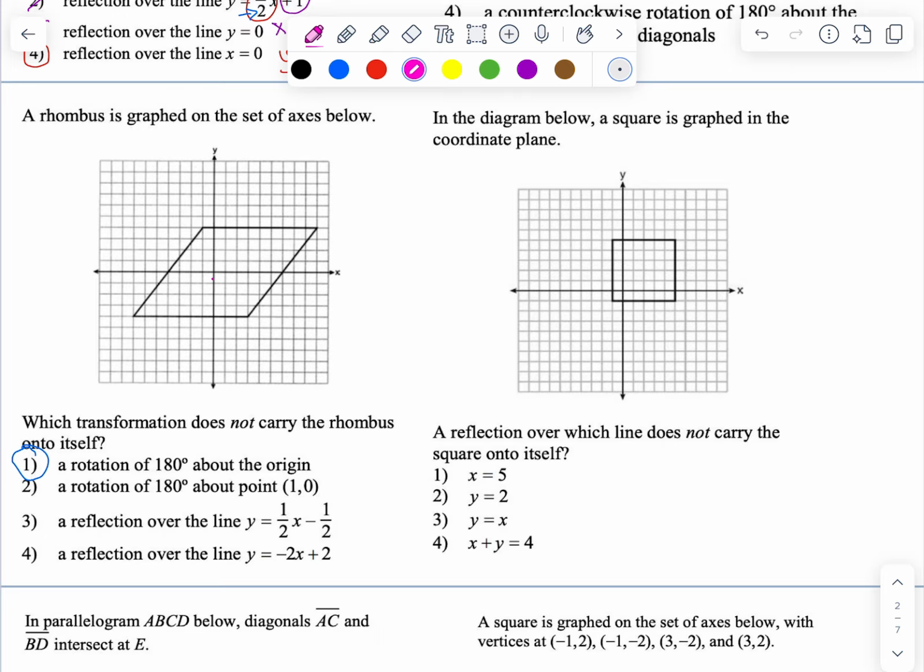And then we go up 1 over 2 to get new points. And I'm going to go down 1, left 2 to get even more points. Down 1, left 2. And that is a line of symmetry. So answer choice 3 is a line of symmetry.